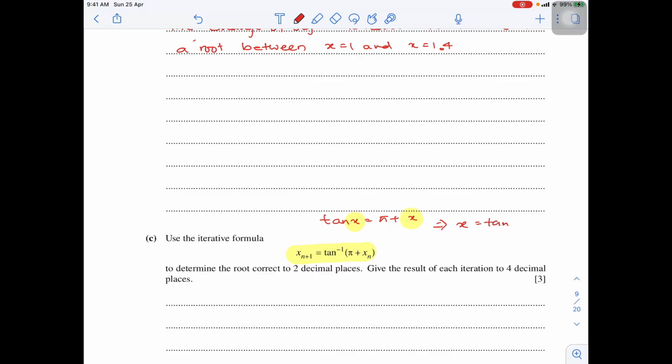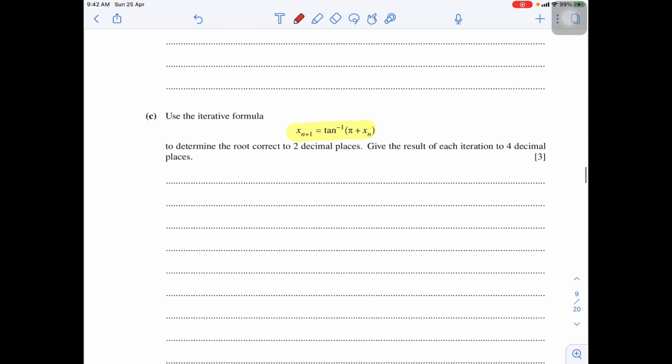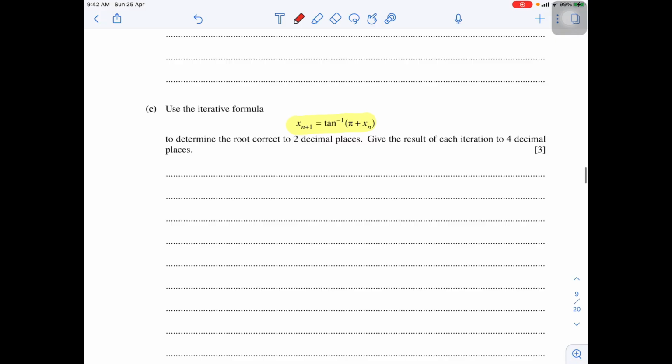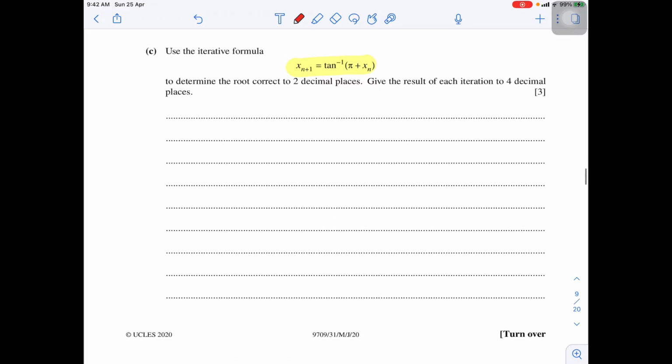So that becomes now not x equals tan x minus pi. No, because they have said to show that. So they already gave you a clue what the iterative formula should be. So x is tan inverse of pi plus x. But here it's given, we are not supposed to make it. I just wanted you to know, so that in future exams, if you have something like that, you remember how to get the iterative formula.